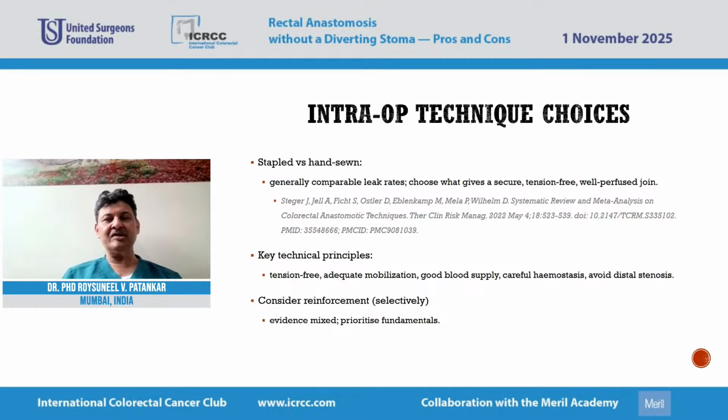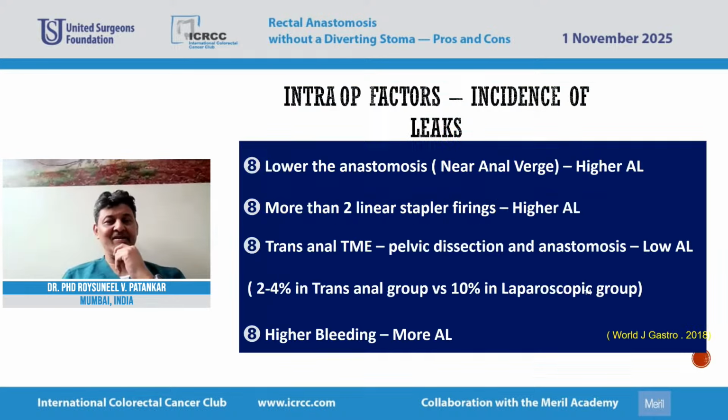tension-free anastomosis, good mobilization of splenic flexure as required, confirm the vascularity is good, careful hemostasis, and avoid distal [...] intraoperative factors that we need to look at. Clearly the lower the anastomosis closer to the anal [verge, the higher the risk of] leaks.